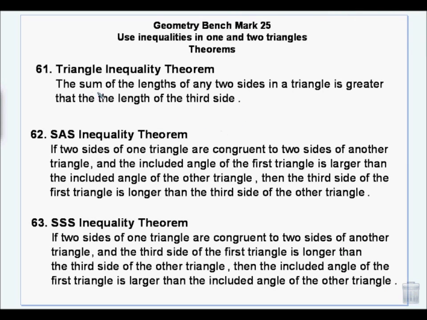Okay, we have a triangle inequality theorem. That says that the sum of the lengths of any two sides of a triangle is greater than the length of the third side.